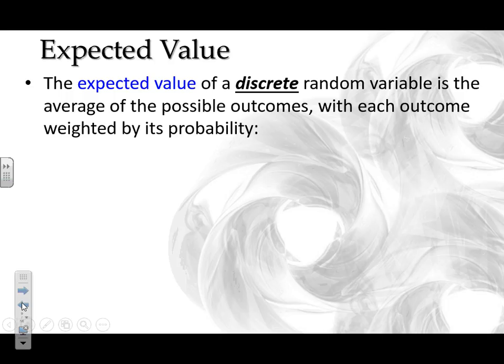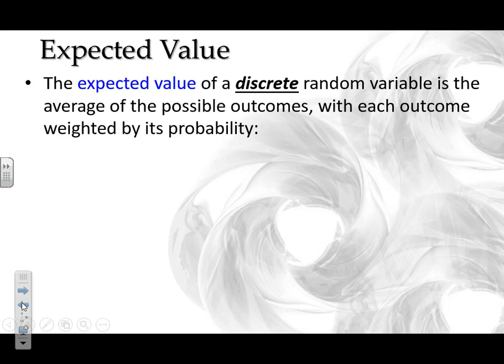So basically, what's the average of the outcome times its probability? So we're calculating our average by taking our values times the probabilities of those values.